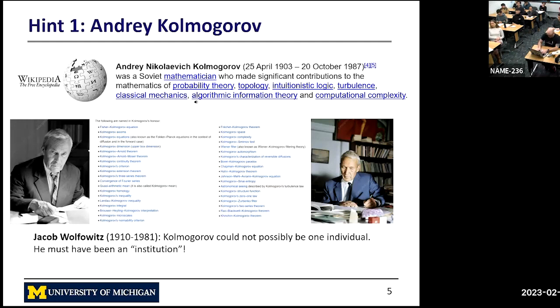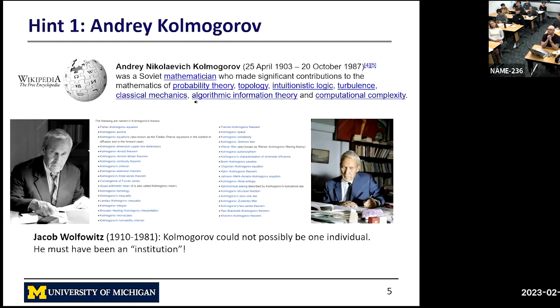of science and mathematics. Here, I would like to quote Jacob Wolfowitz, a famous statistician in the US. Over a long period of time, during the Cold War, there was no science communication between the Soviet Union and the US.